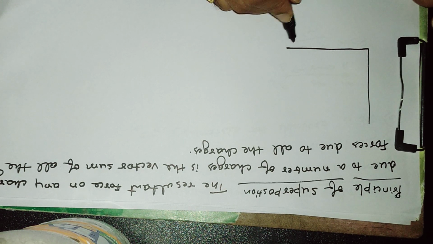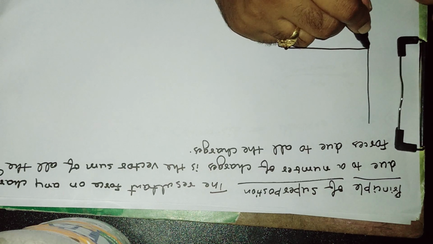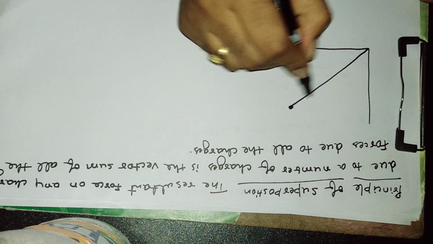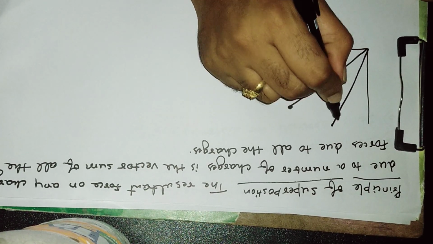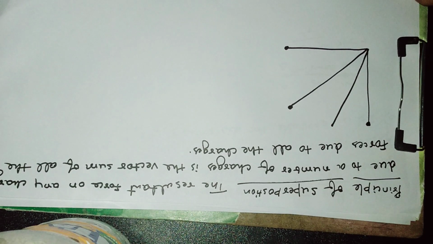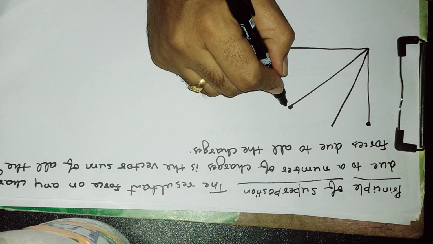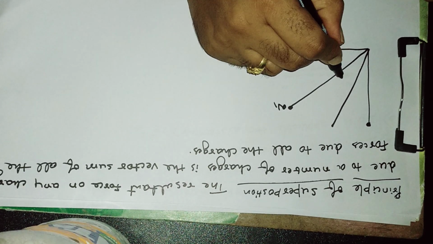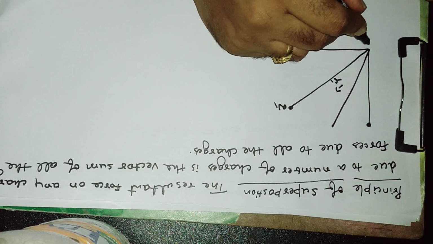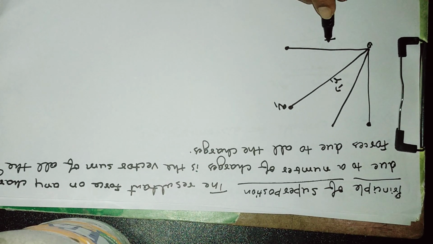Let us say you have one charge here, another charge here, another charge here, and so on. So I can represent them as, if I call this q1, then this will be the position vector r1. This is the origin.